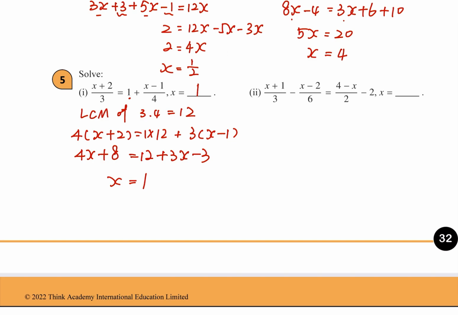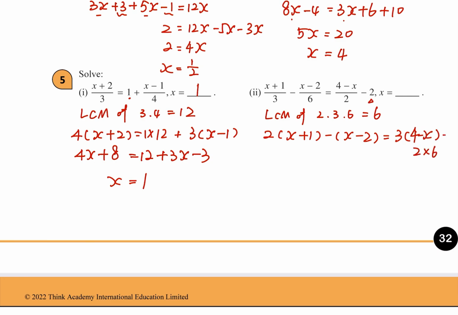And then with the last one, we can multiply everything by the LCM, and the LCM of 2, 3, and 6 is just 6. So after multiplying everything by 6, the first term we got is 2 times (x plus 1), and then (x minus 1), and that is equal to 3 times (4 minus x) minus 2 times 6.